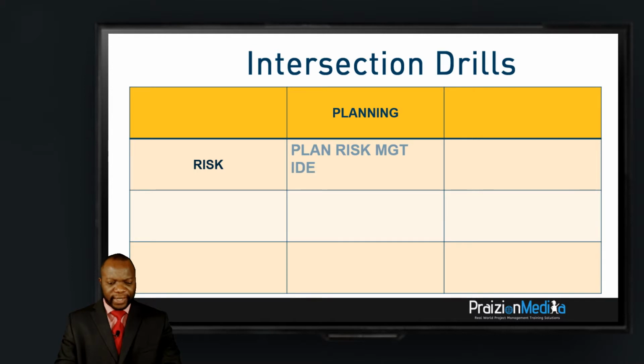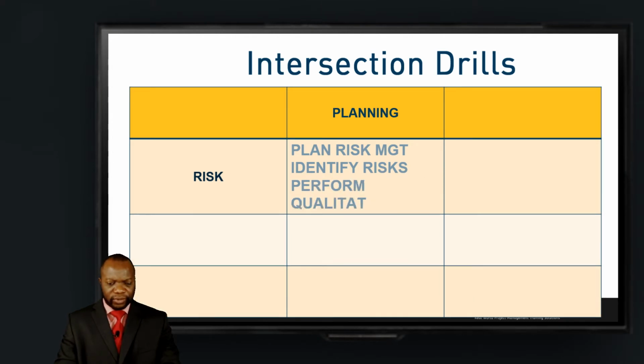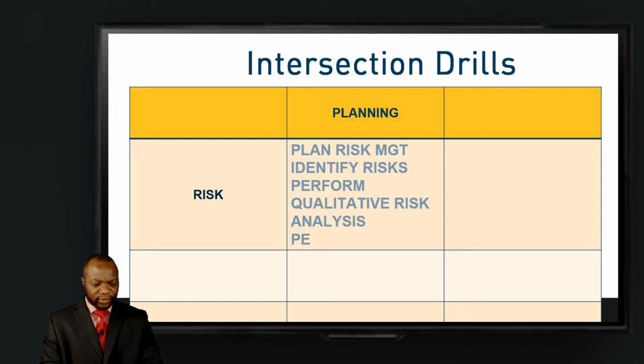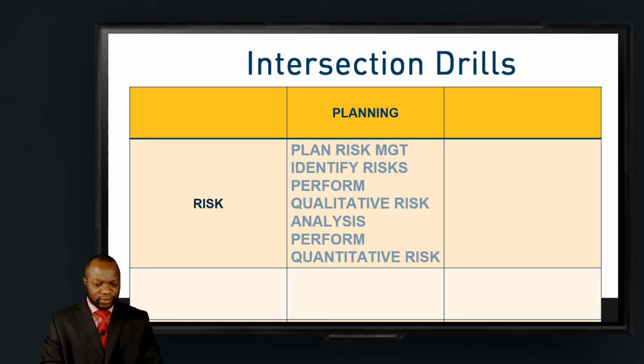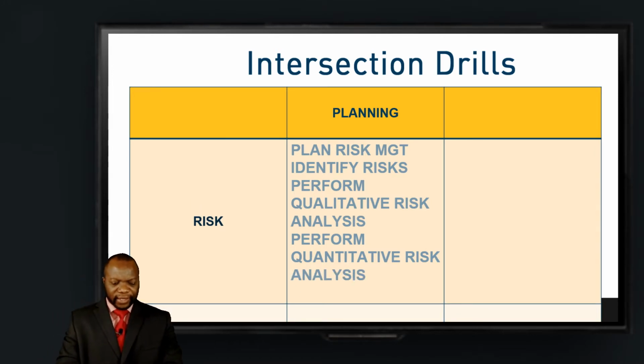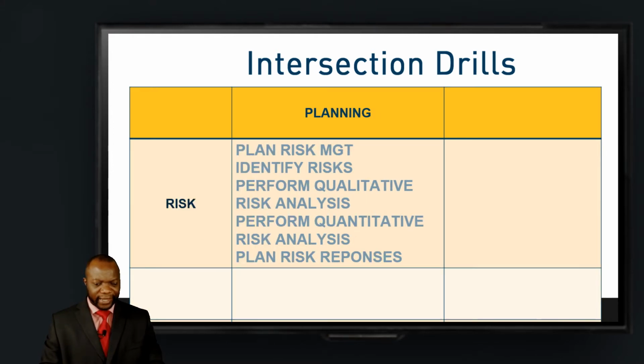The second one is identify risks. The third one is perform qualitative risk analysis. The next one is perform quantitative risk analysis. And the final one here is plan risk responses. This is in the intersection of risk and planning.